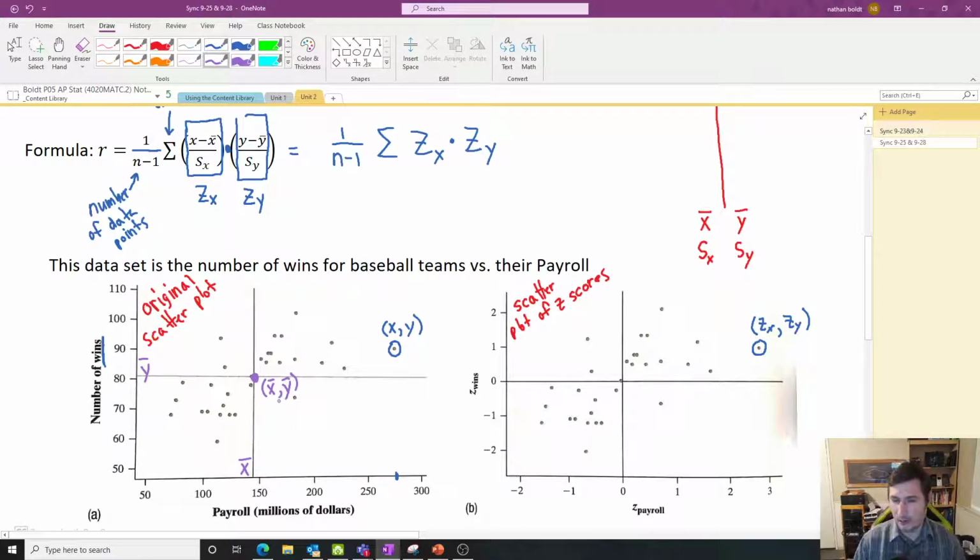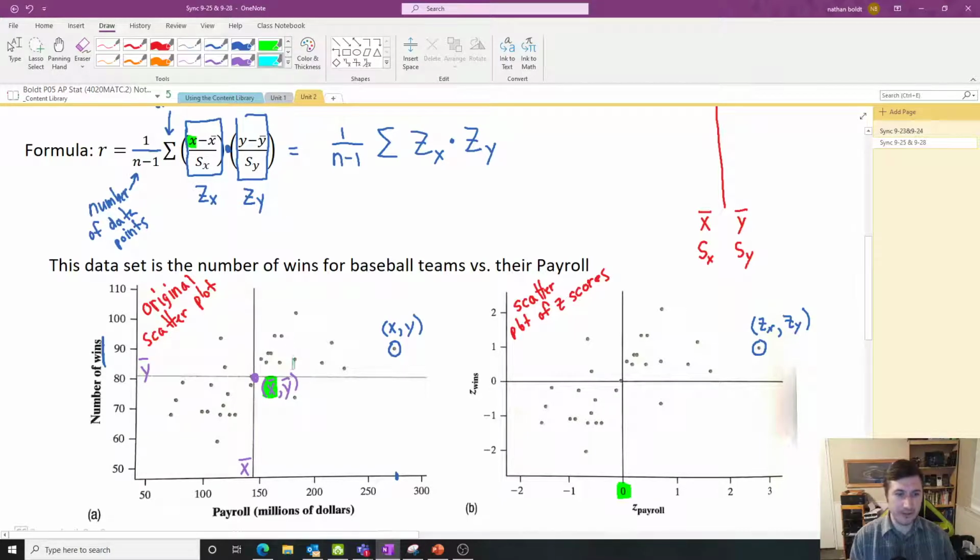Now, what would that look like on our scatter plot of z-scores? Well, if I take x bar and find the z-score of that, that would be plugging it into x up here. X bar minus x bar would be 0, which is why this graph is centered on 0.